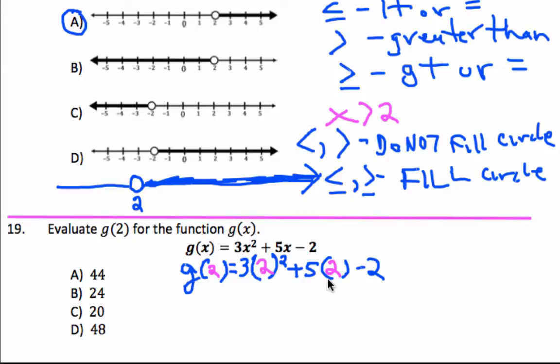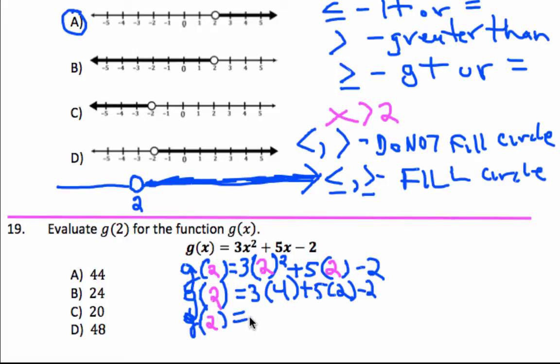So let's evaluate now using the rules of PEMDAS, the order of operations. So g of 2 equals, now we'll do the exponent first. 2 squared is 4. So 3 times 4 plus 5 times 2 minus 2. Next, we will do the multiplication that we see.